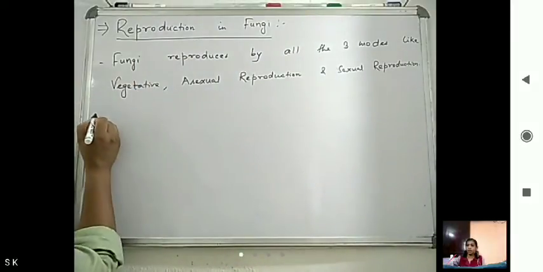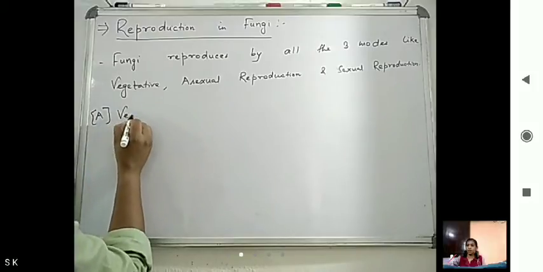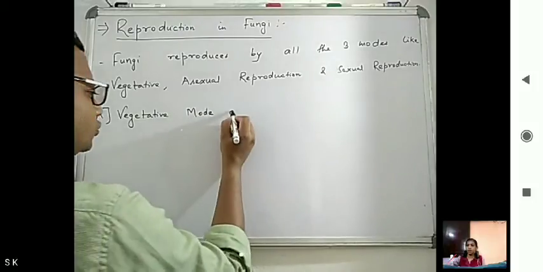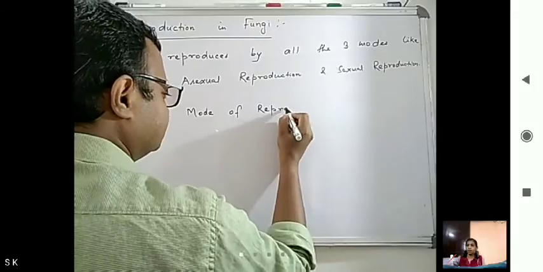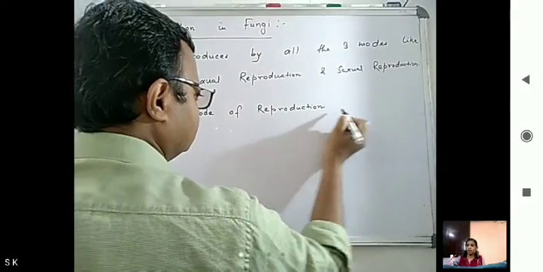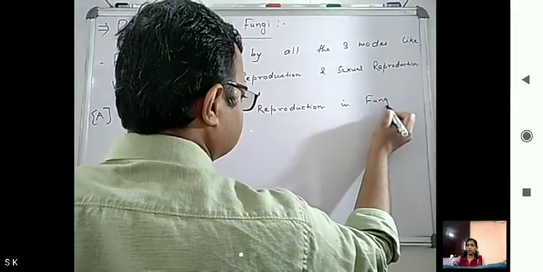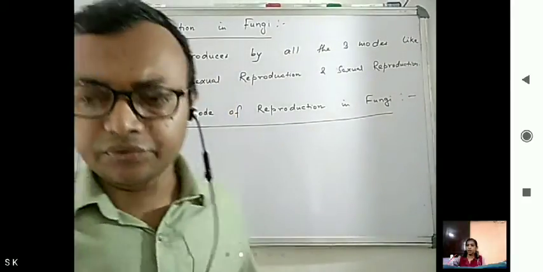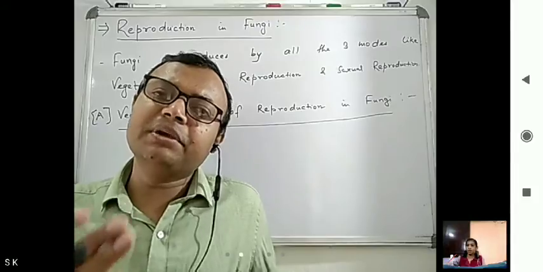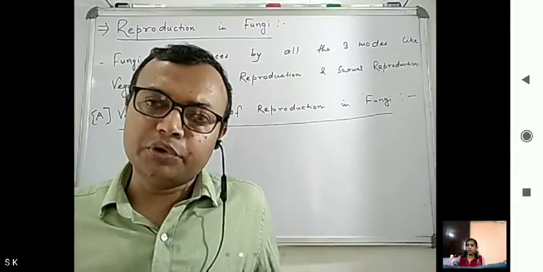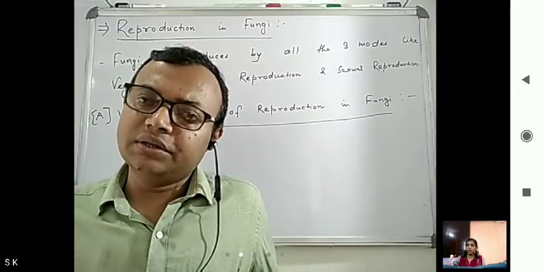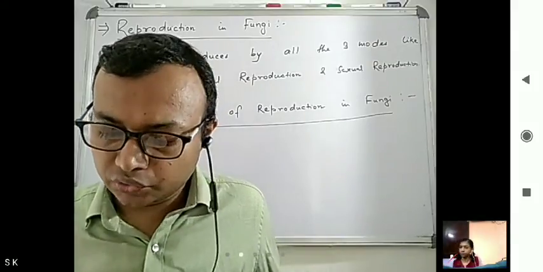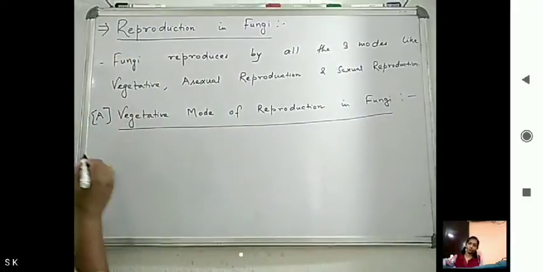Under the vegetative mode of reproduction there are many types, but every time the final result is that the mycelium germinates into a new fungal organism. The first one is fragmentation.